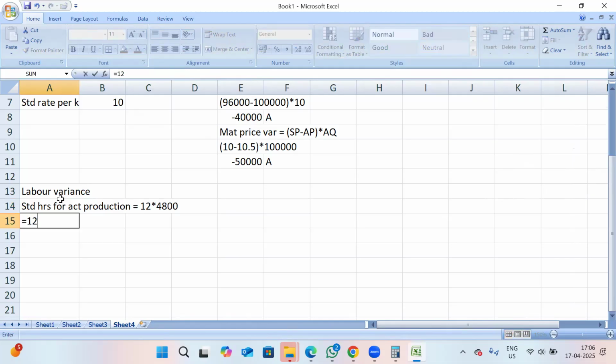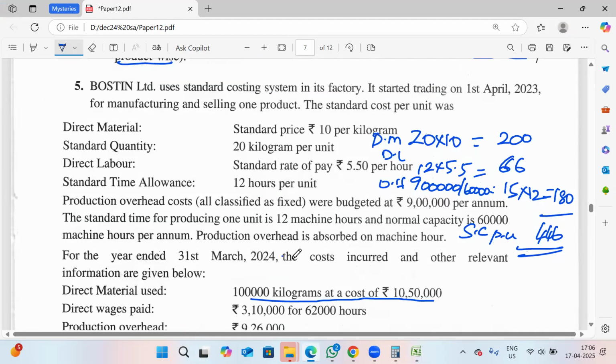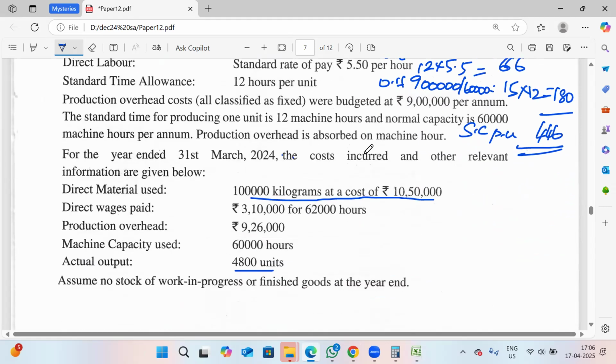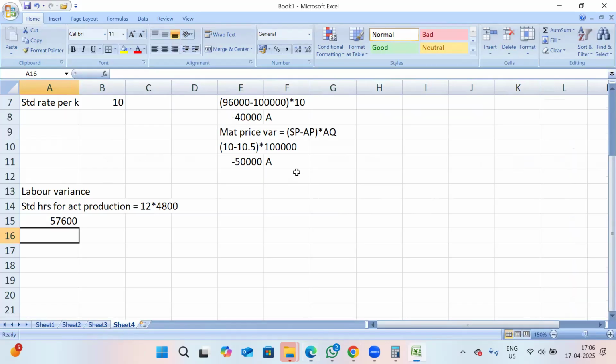So 12 into 4,800, I require 57,600 hours. My standard rate, already given in the question, is 5.5. So the standard rate is 5.5. Now my actual rate.